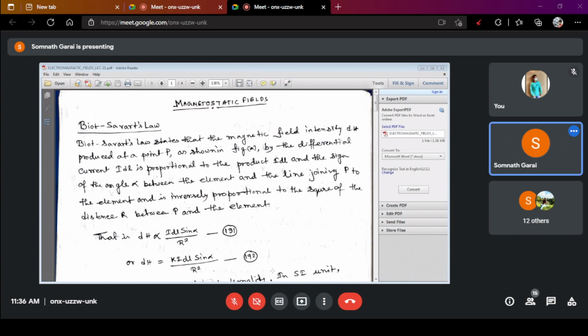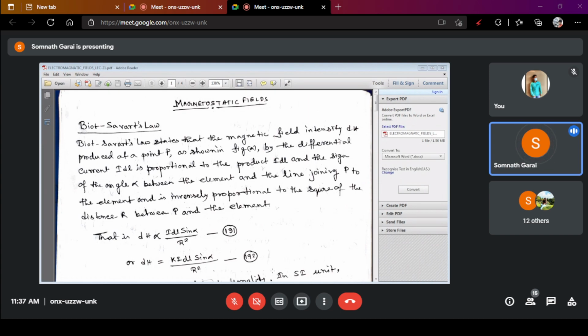Now, if we generate an electromagnet, we have studied this in class 12. If we use a wire surrounded with a ferromagnetic material and pass current through this wire, then this ferromagnetic material is converted to a magnet, right?